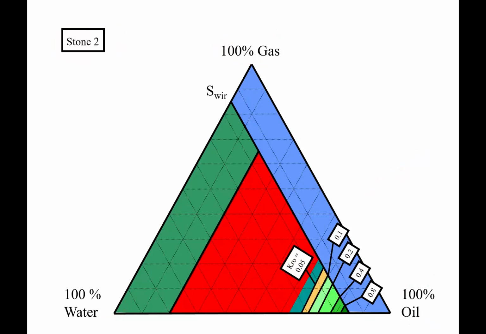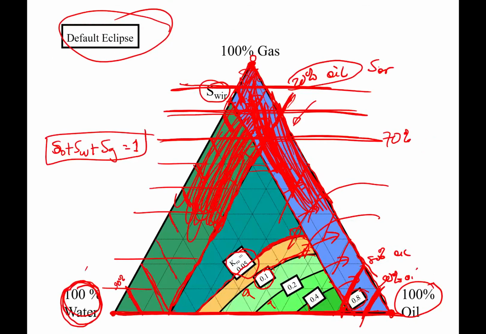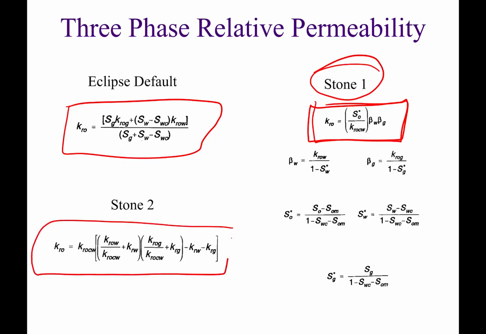When you have intermediate wettability, we tend to use Stone 2 model, which looks pretty much similar to that, but the positions of these lines are different, and the positions of those lines come from the use of this equation, which, like the other models, basically combine two relative permeability models, which is the relative permeability of oil water systems to that from oil gas systems.